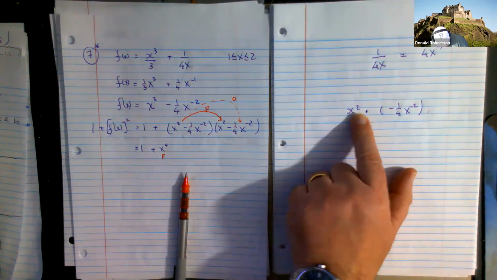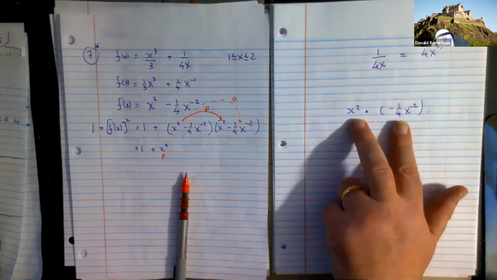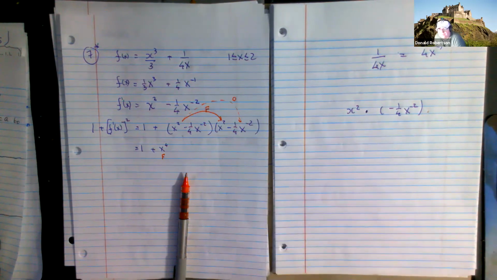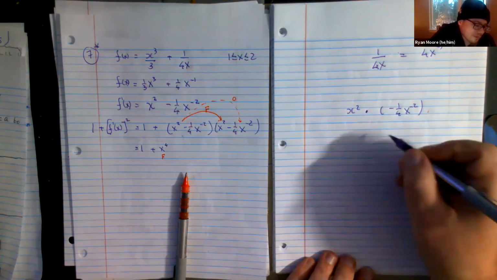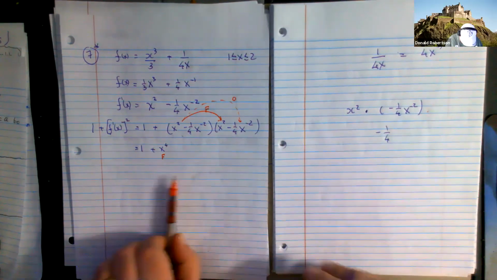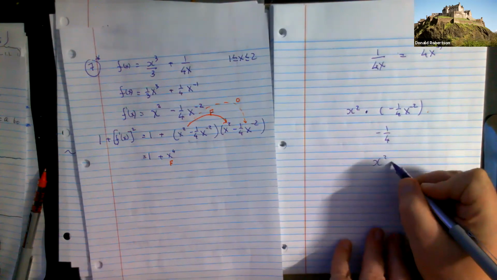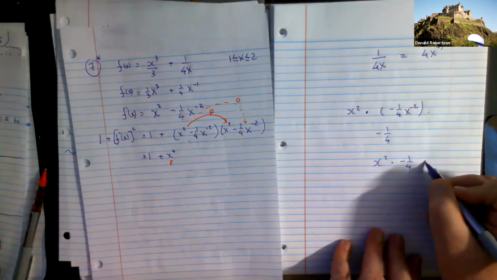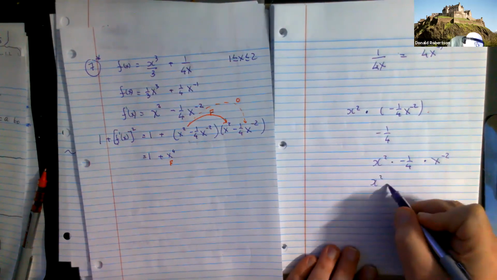When you multiply these together, something really strange happens. Does anyone have a shot at what this becomes? Negative 1/4. Nailed it, exactly. If you want to know why, you're basically multiplying 3 things together, right? And all I'm doing is putting them in a different order.